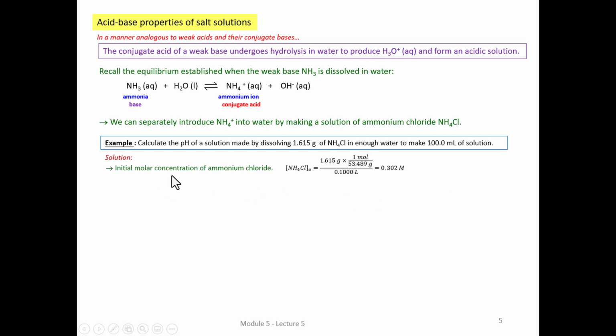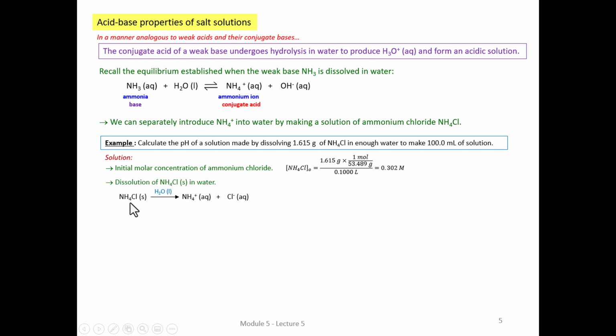If we calculate the initial molar concentration of ammonium chloride using its molar mass, you'll probably not be surprised to find out that it's a 0.302 molar solution. What we're trying to do here is compare apples to apples, so we're keeping our solutions at the same concentrations.